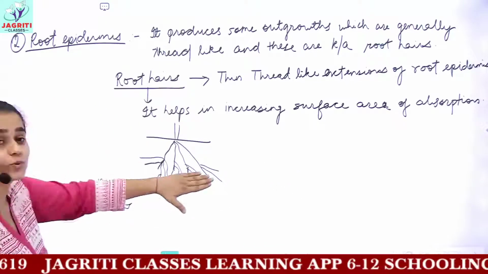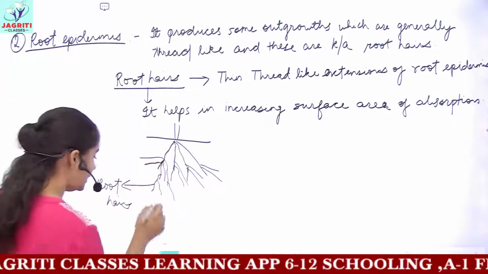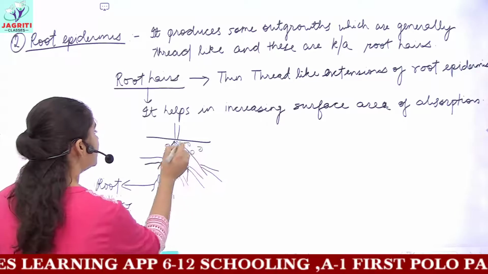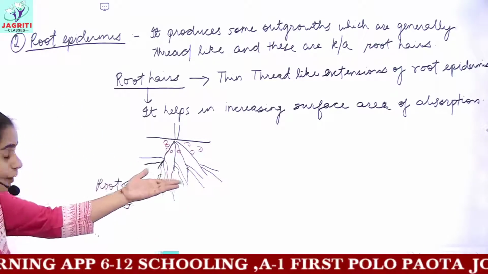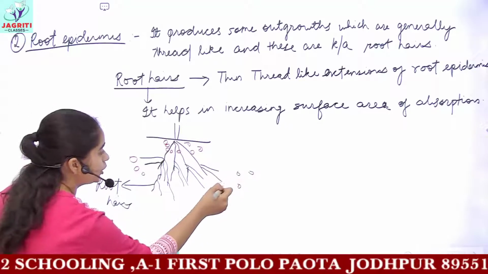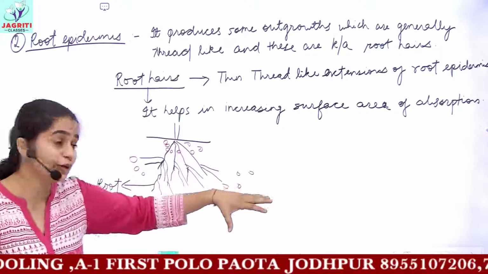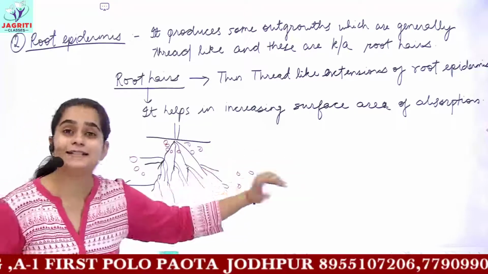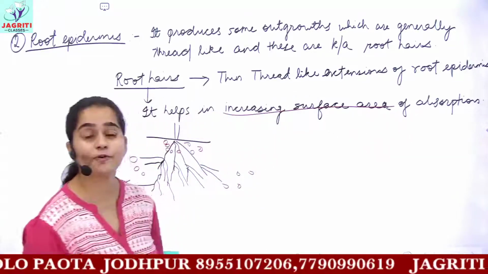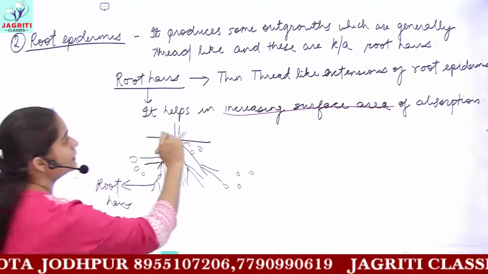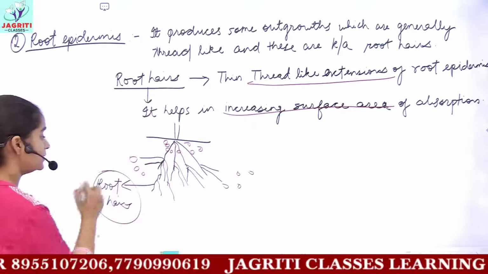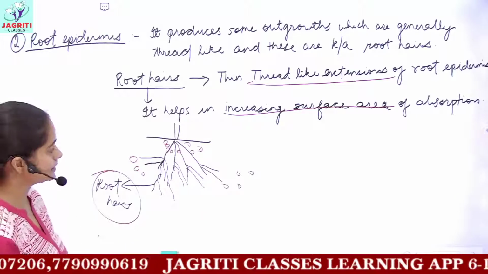If root hairs were not present, this plant would only be able to absorb water molecules present around, limited to this area. But because of the presence of these root hairs, the plant can also absorb water molecules and important useful nutrients present at a far distance. So this is the function of root hair, that it increases the surface area for absorption. Root hairs are nothing but thread-like extensions of your root epidermis. And we can represent root hairs by this.